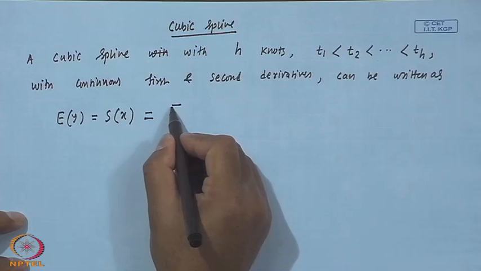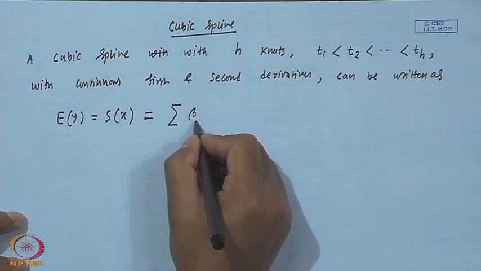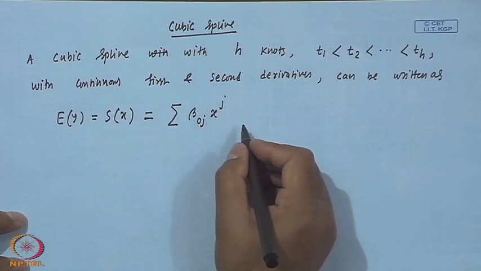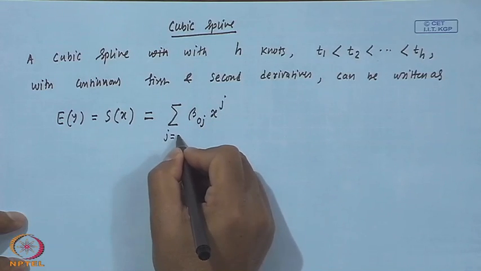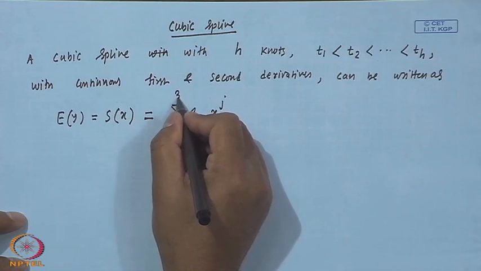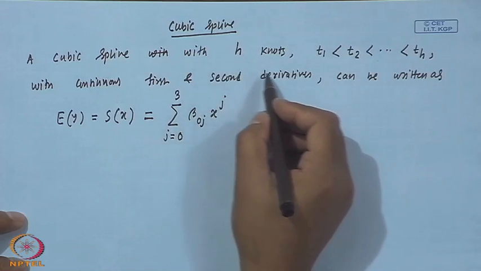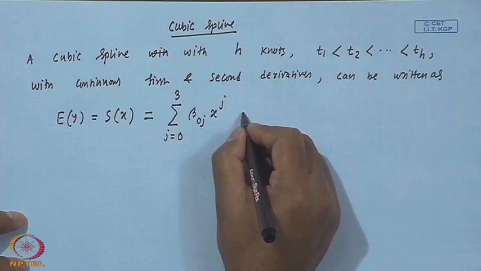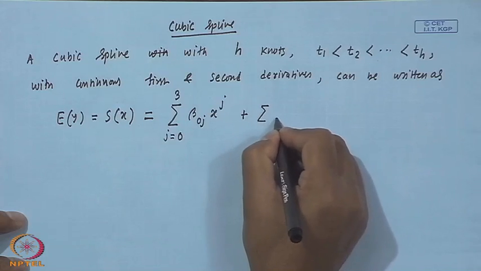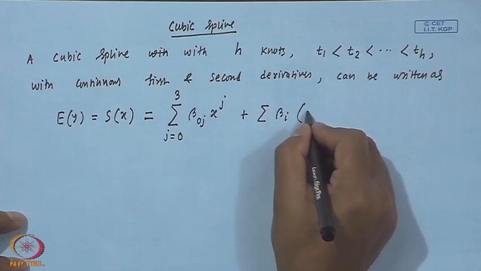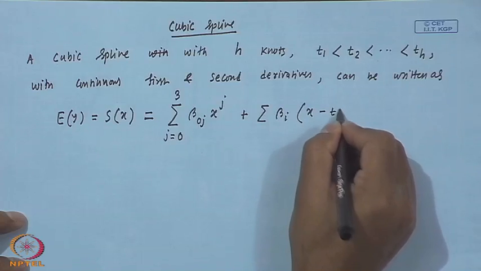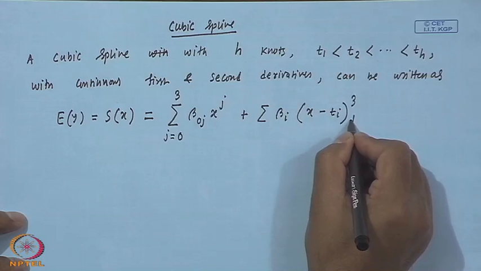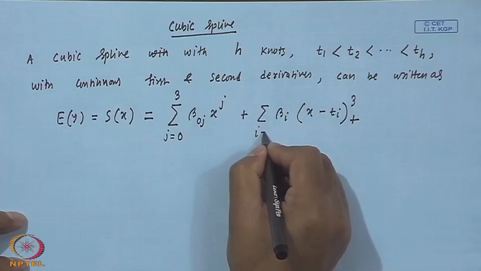So, this is the model: the sum of beta naught j x to the power of j, where j is from 0 to 3 because it is of order 3, a cubic spline, plus the sum of beta i times (x minus t i) to the power of 3, with i equal to 1 to h.